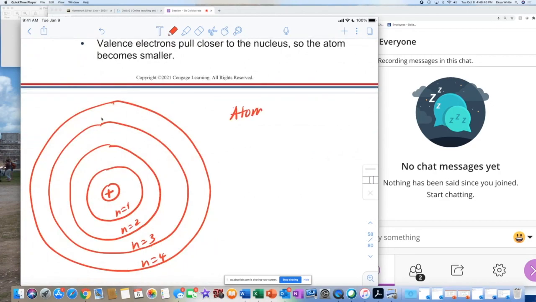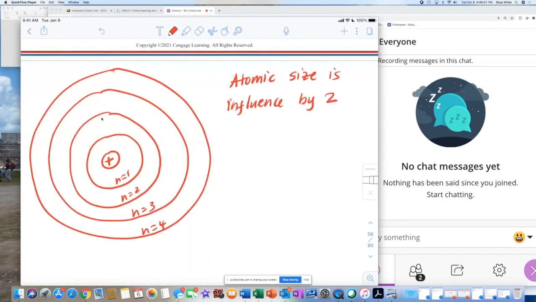Atomic size is influenced by two major situations.